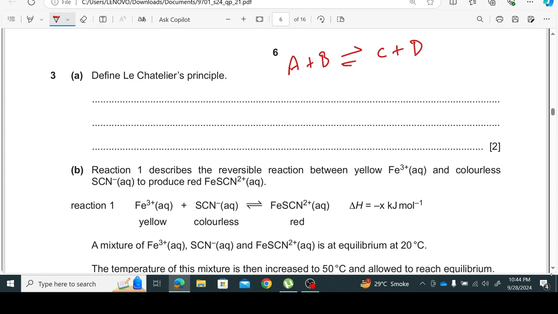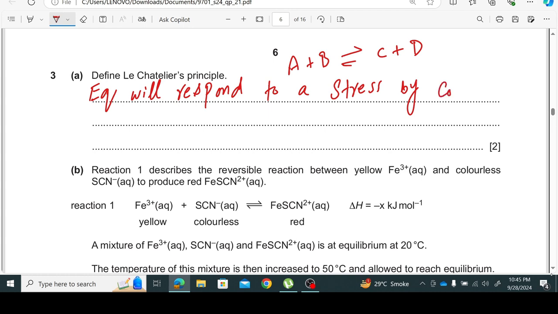So: equilibrium will respond to a stress by countering its effect.